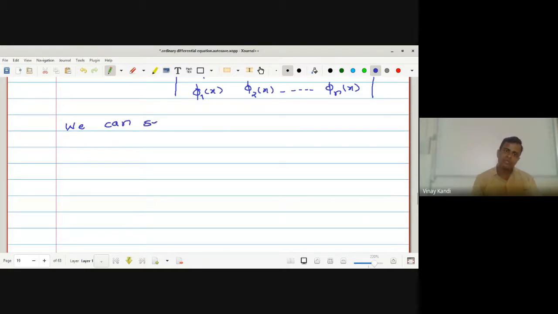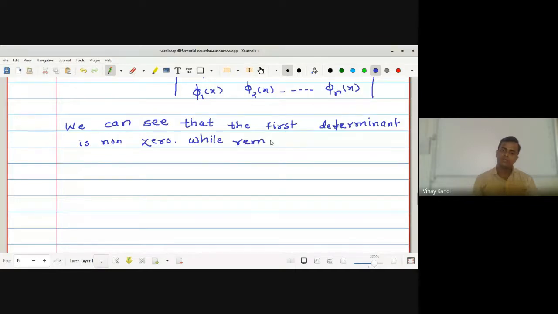Hence we can see that the first determinant is non-zero, while the remaining n minus 1 determinants are 0.